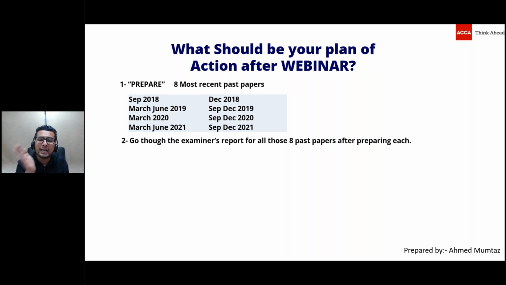How are you going to prepare those 8 past papers? You are going to attempt a particular paper in the morning. You are going to evaluate your answer. You are going to evaluate the solution in the afternoon. You are going to draft an attainable answer by looking at the solution, extracting chunks of it, in the evening, and then you've got to read the examiner report again in the evening, and in the night you've got to learn your answers.